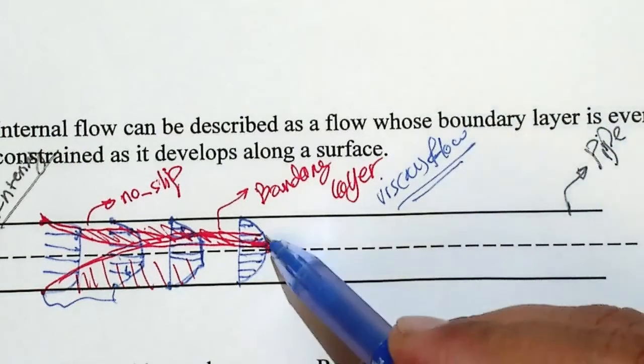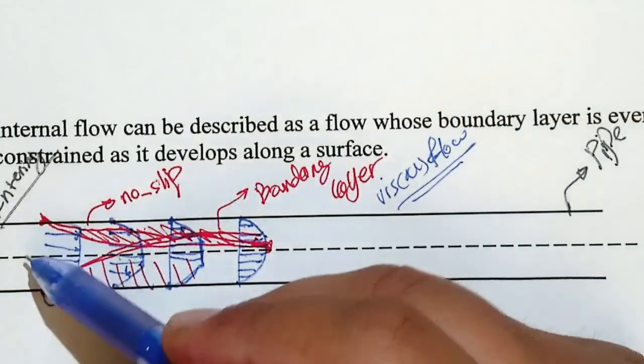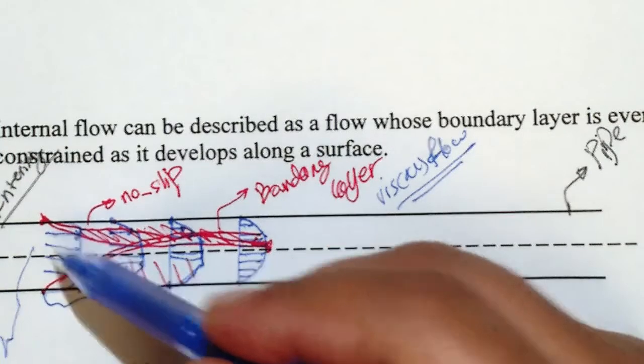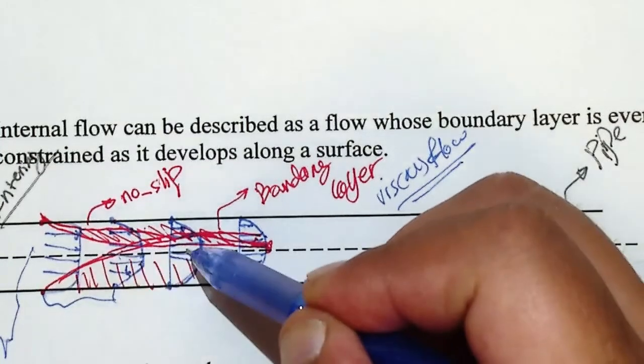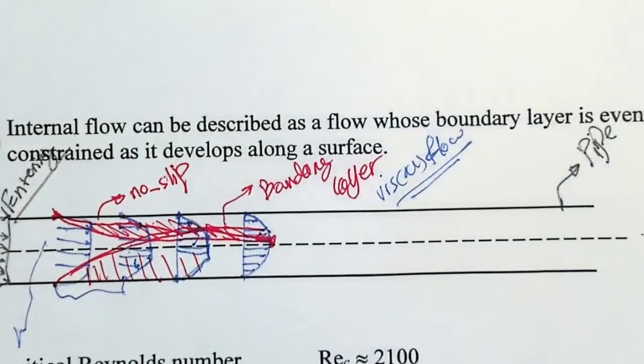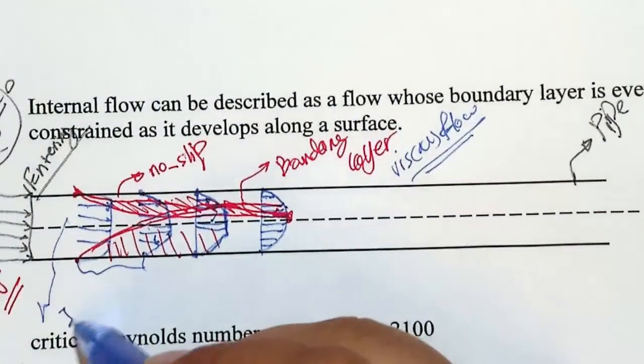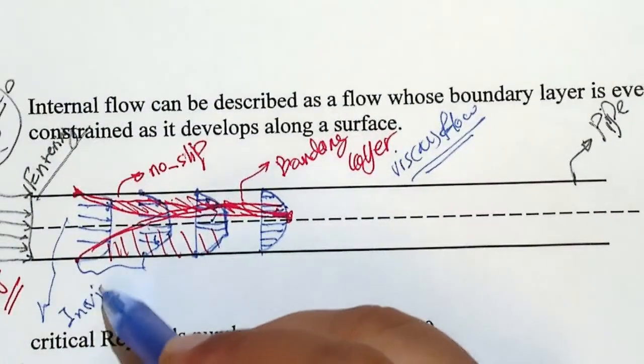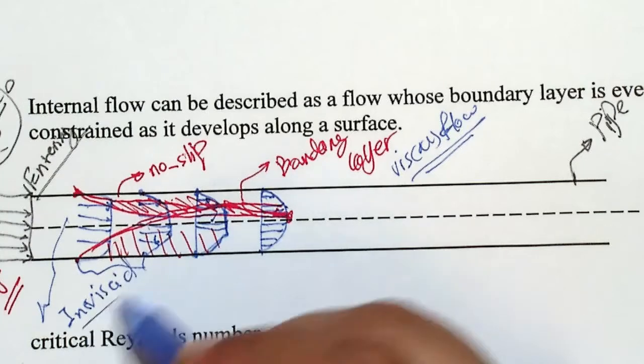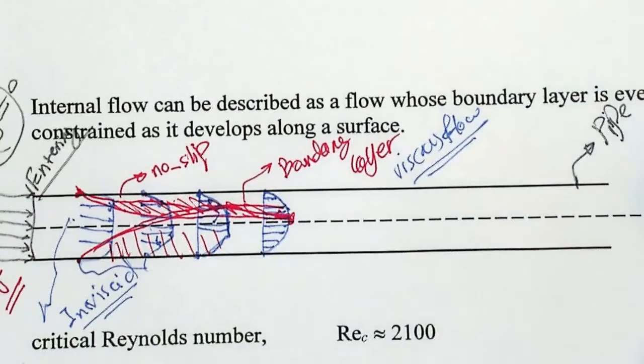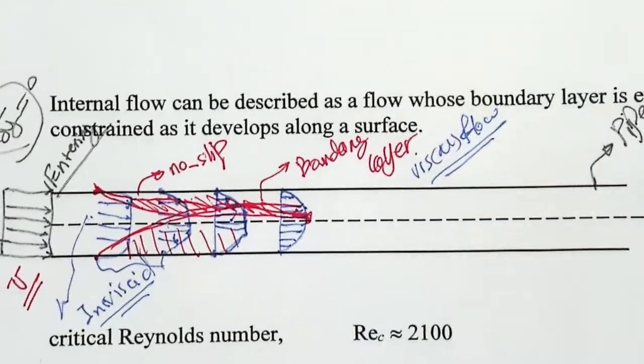Okay, so here you have viscous flow, but in the core, from here and here and here, you will still have inviscid flow. In the core you have inviscid flow, but in the boundary layer you have viscous effect.